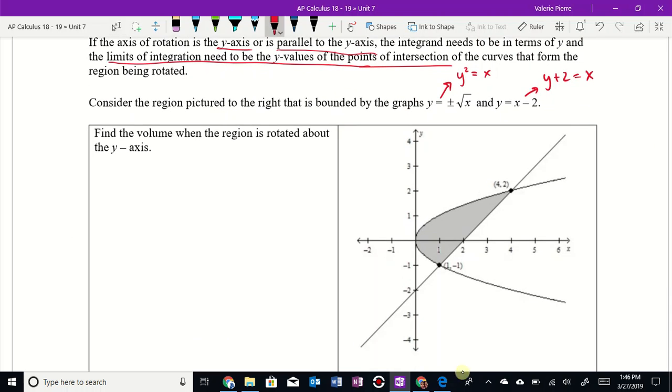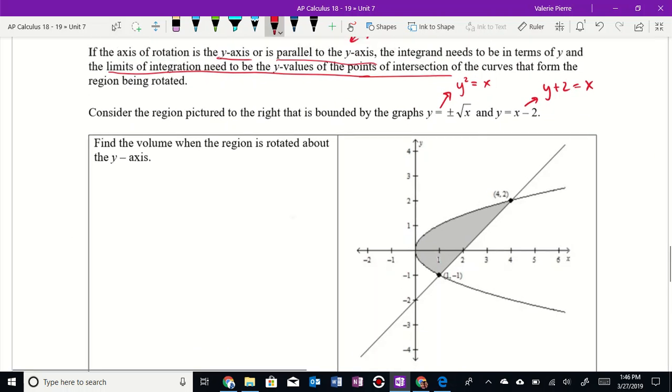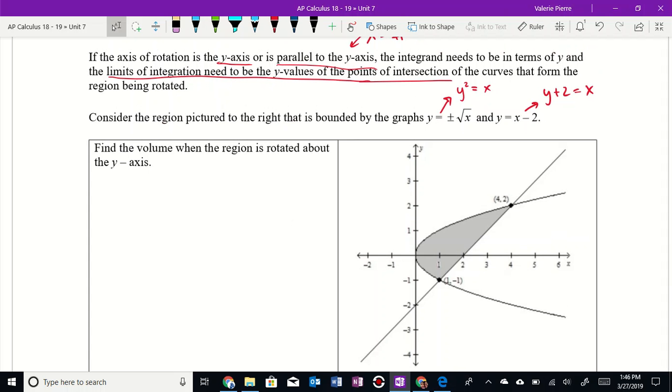So these are going to be the equations that we use because we need our equations to be in terms of y. So to find the volume when the region is rotated about the y-axis, we need the volume equation, so V equals pi times, now we need the limits of integration.